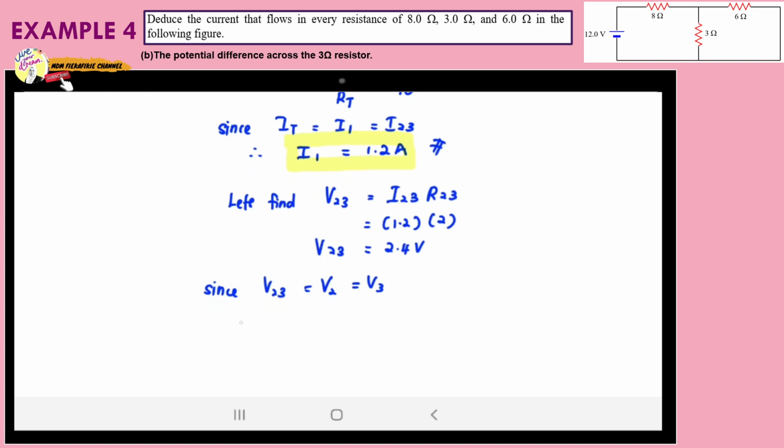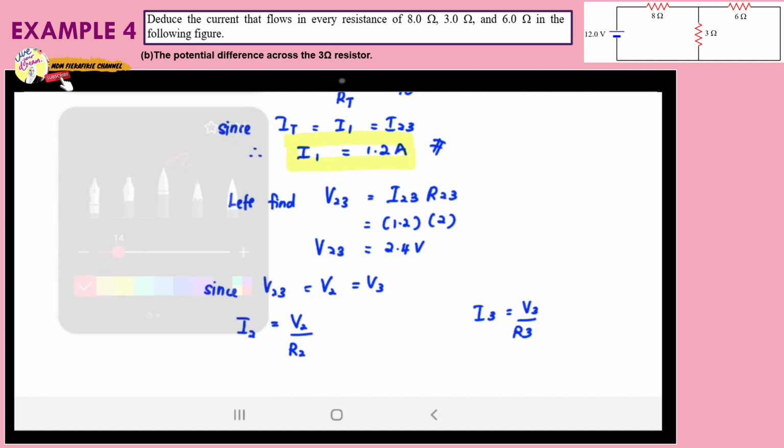So we can write I2 is equal to V2 over R2, and I3 is equal to V3 over R3.